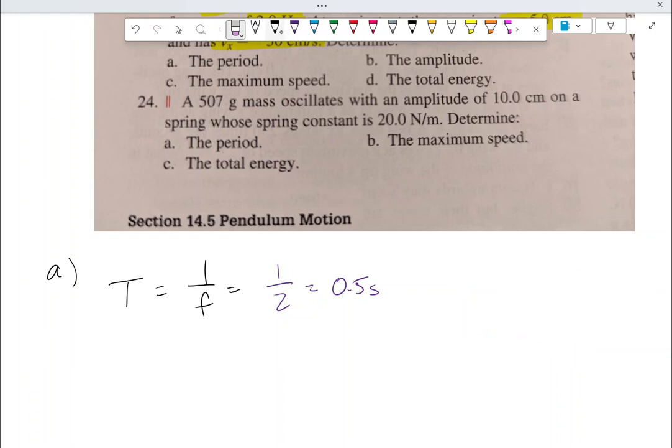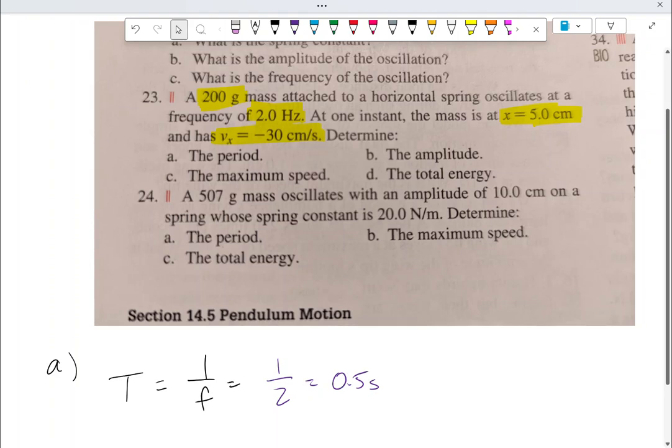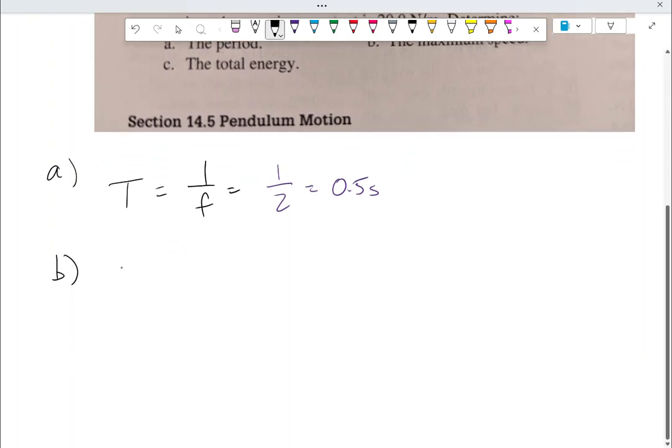Okay, let's do B then. It says the amplitude. You might think, oh, I'm in a bind, I haven't been given any equations with amplitude, but I can think about this. I've got a spring mass system.